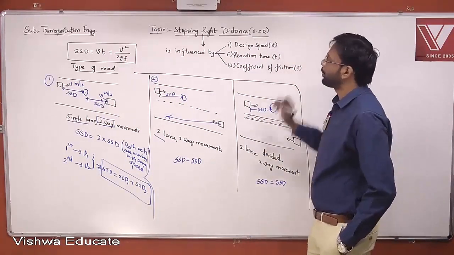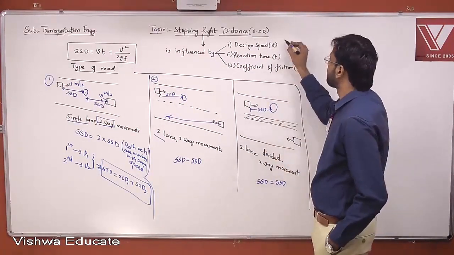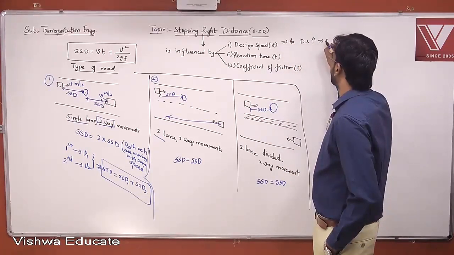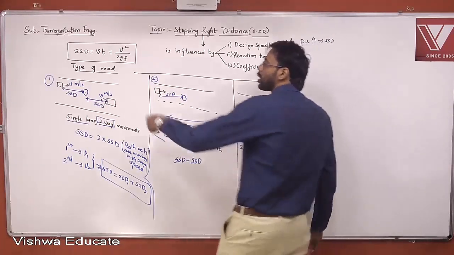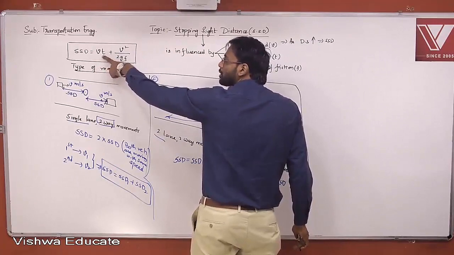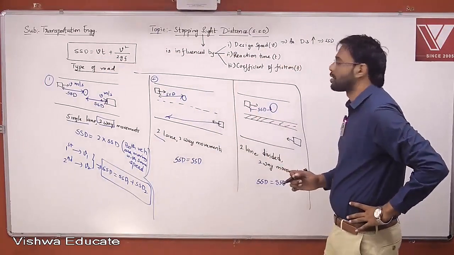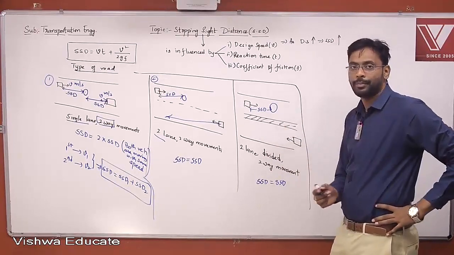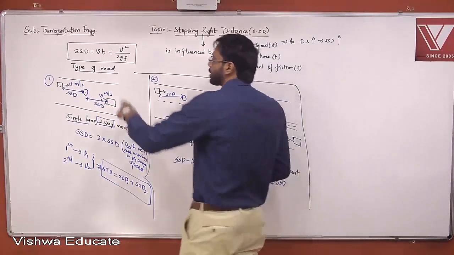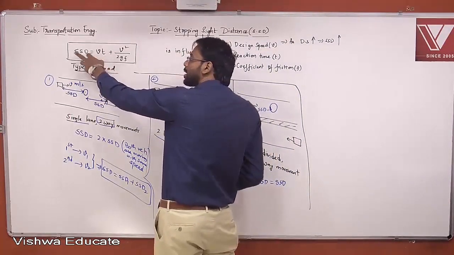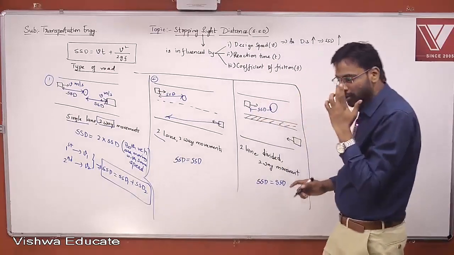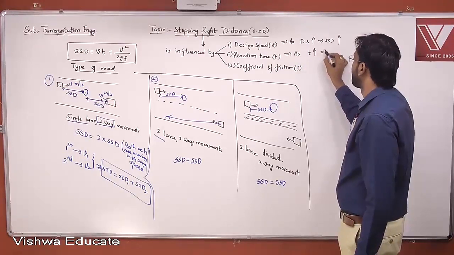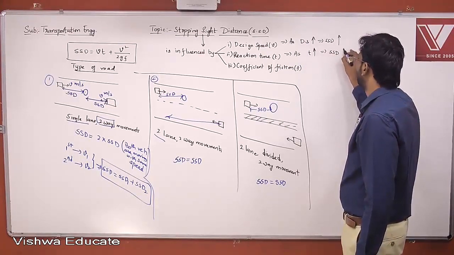Now, what happens if the design speed varies? As the design speed increases, the stopping sight distance will increase, because stopping sight distance is proportional to design speed, right? Similarly, reaction time is directly proportional to stopping sight distance. So as the reaction time increases, the stopping sight distance will increase.